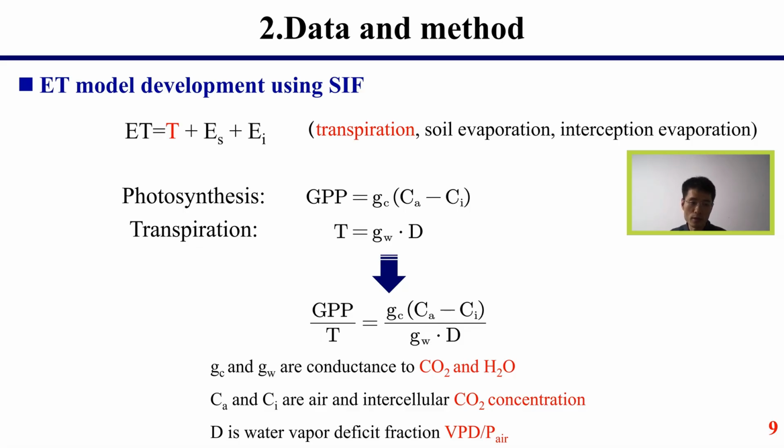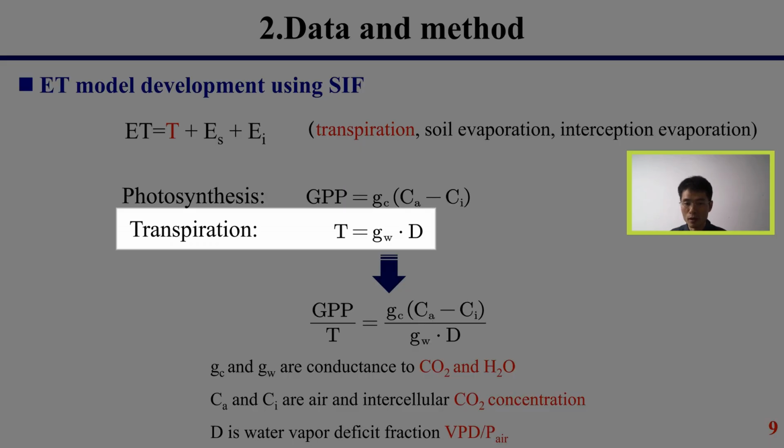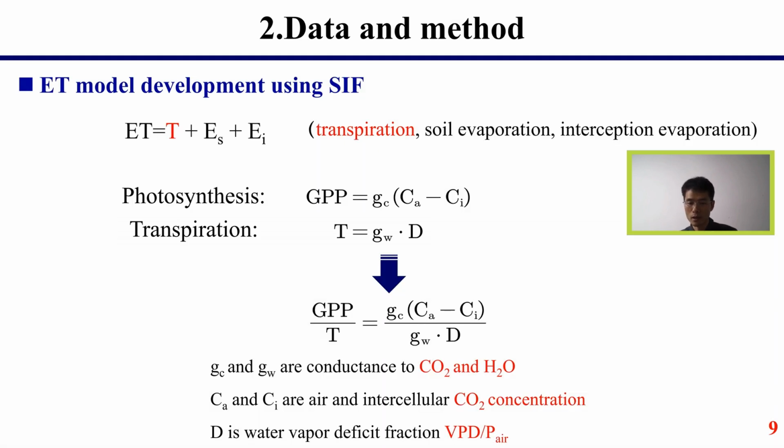Similarly, we can do the same thing for transpiration. Transpiration equals stomatal conductance to water vapor times the water vapor deficit fraction. This D can be quantified by vapor pressure deficit over air pressure.